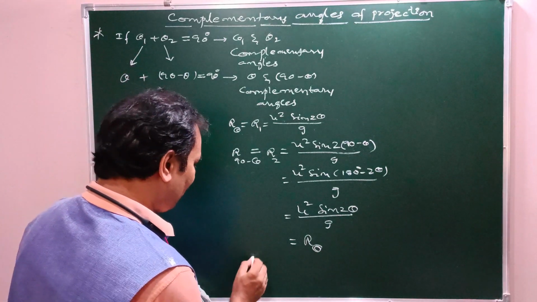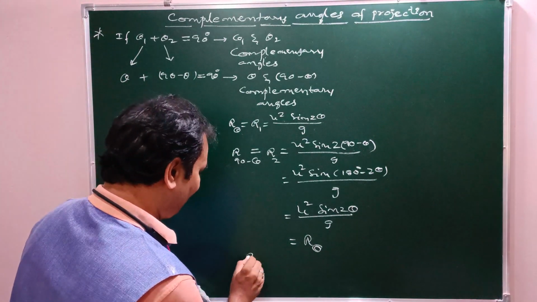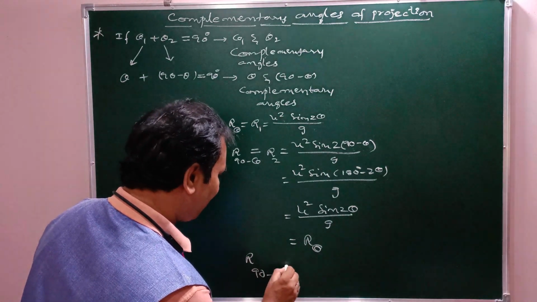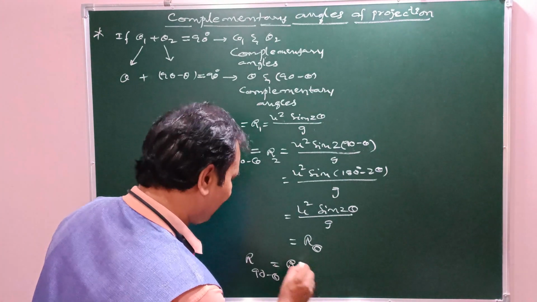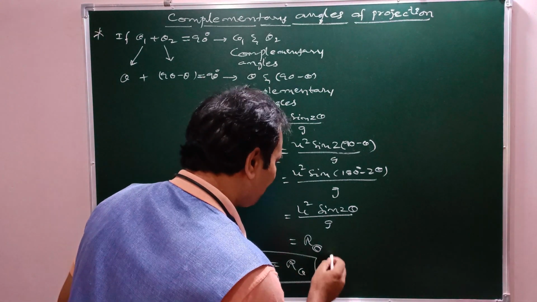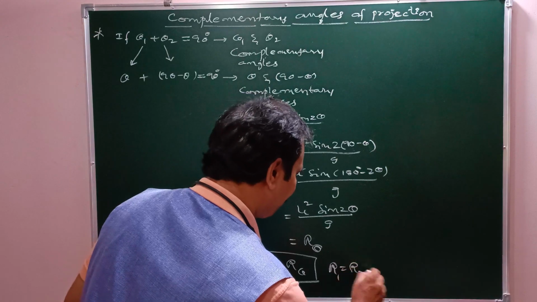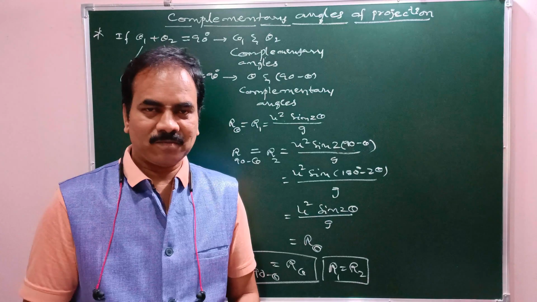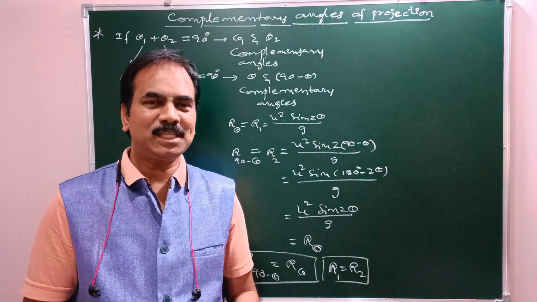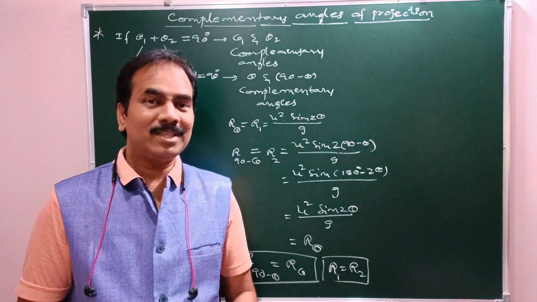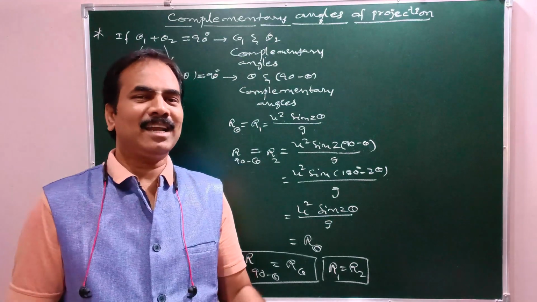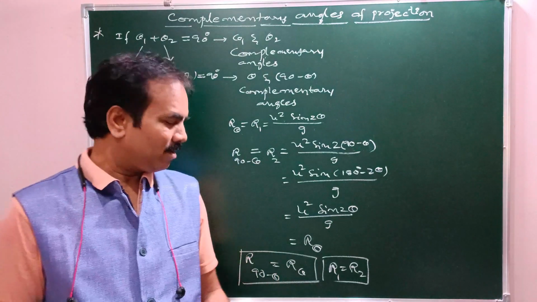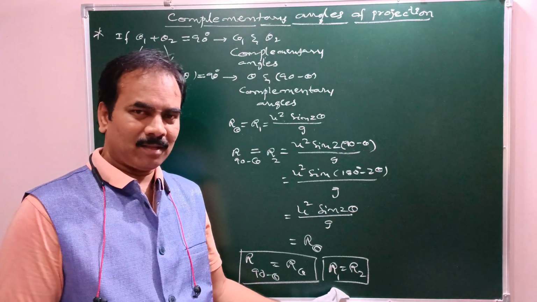R at 90 minus theta equals R at theta, that also equals R1 equals R2. Ranges are same. So at a given place, if one body is projected twice with the same speed, once at an angle theta, one more time at an angle 90 minus theta at the same place, then we have the same range in both situations.